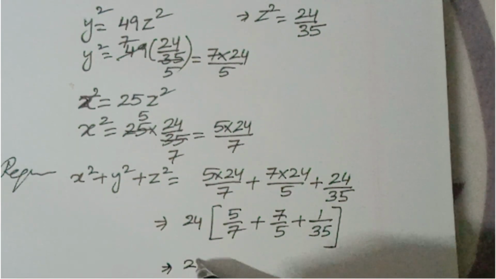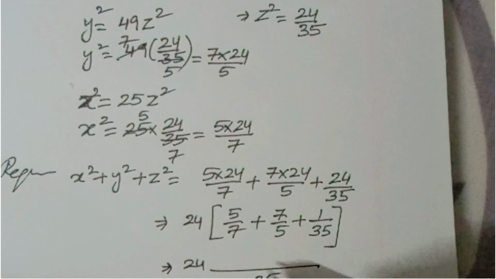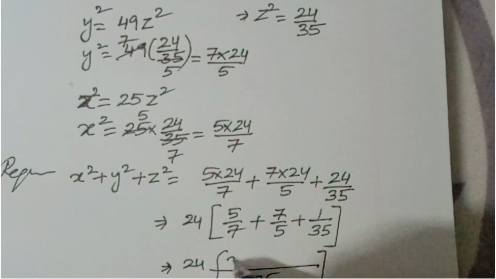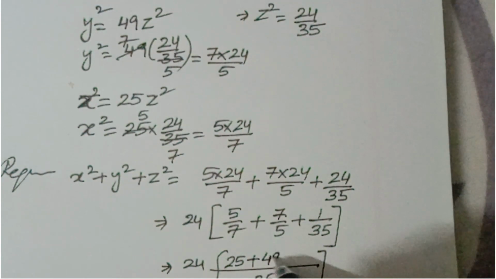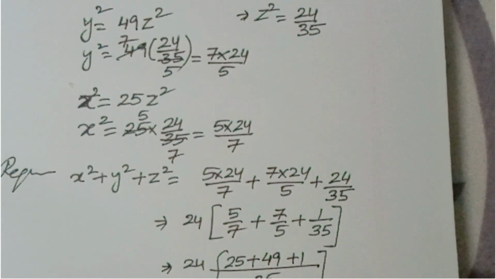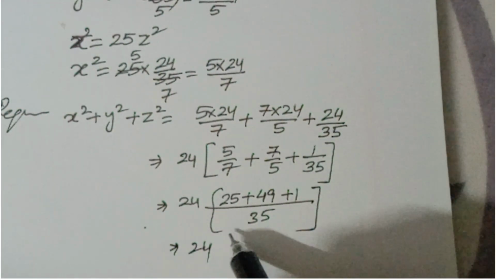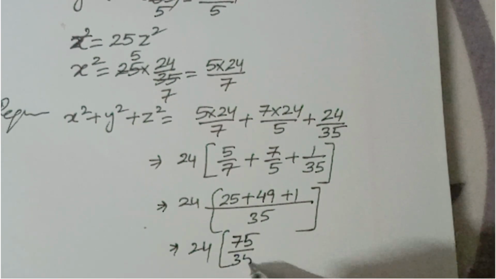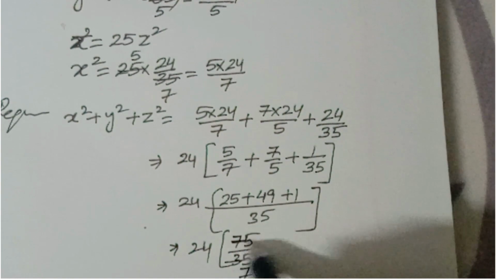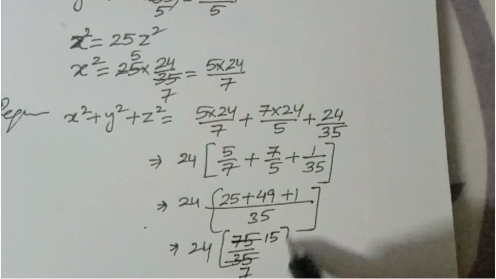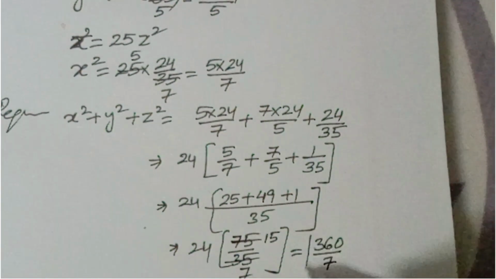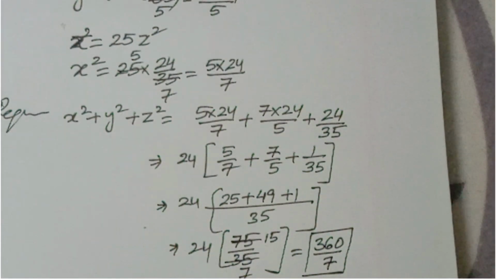If you take LCM, 35 is the LCM. So 25 plus 49 plus 1, so you will get 24 into 75 by 35. So 5 fives are 25, 5 sevens are 35, so 15 by 7 it will go. So the answer is 360 by 7.